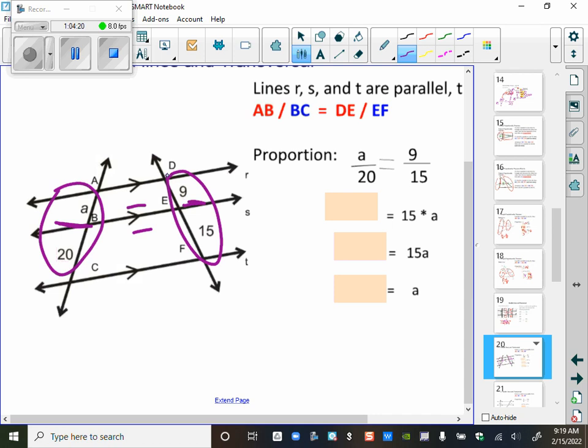When we get to the next page, there you go. You have your two. Even if it went the other way, the opposite way, you're still going to get the same thing in the end. So let's find the value away. This is one way you can solve for it.